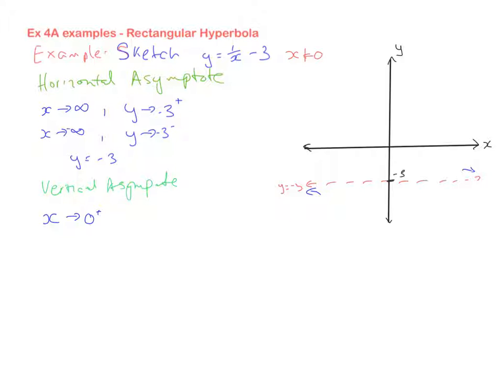So that's this side. So as x approaches 0 here, so if this is a tiny weeny number, it's going to be a huge number here. So if this is like 0.000, that's going to be 1,000. So 1,000 take 3 is not going to make that much difference.